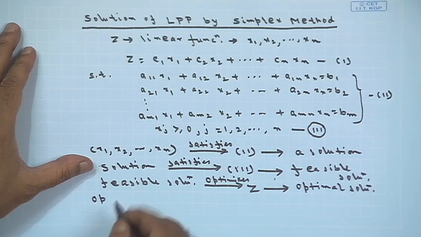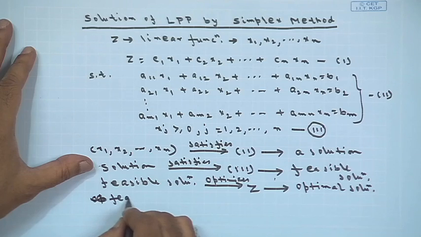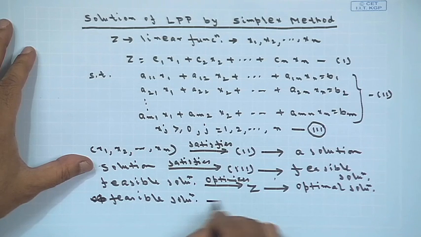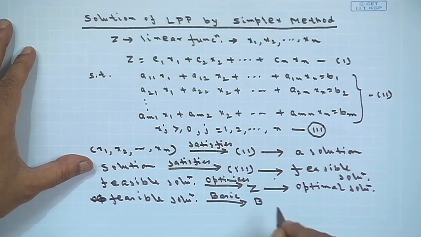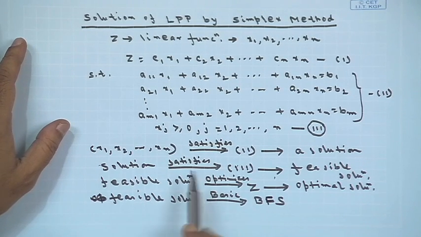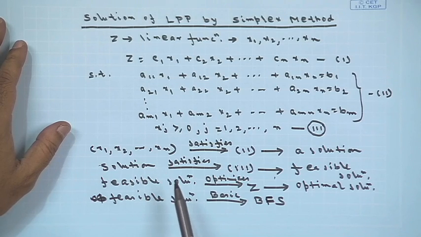And if the feasible solution is basic, then we call it a BFS, or basic feasible solution. I re-emphasize these things because afterwards we will use these terms very frequently.